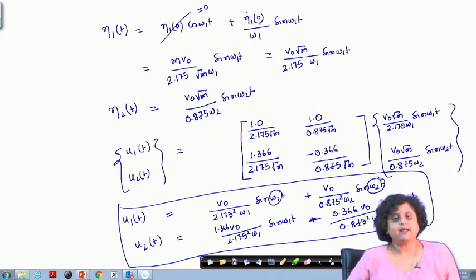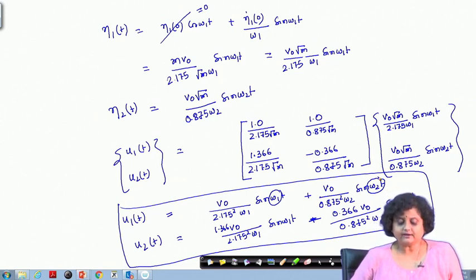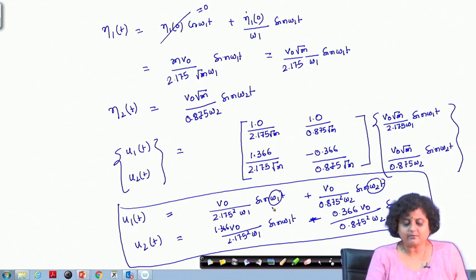So, if we have an n degree of freedom system, the free vibration response of any one degree of freedom is going to be a linear combination of n sinusoids having the n natural frequencies, right.